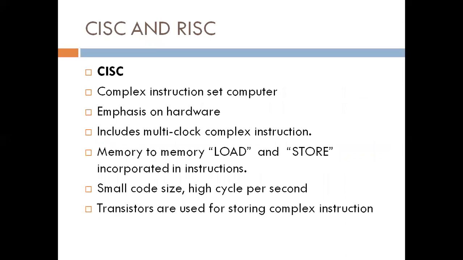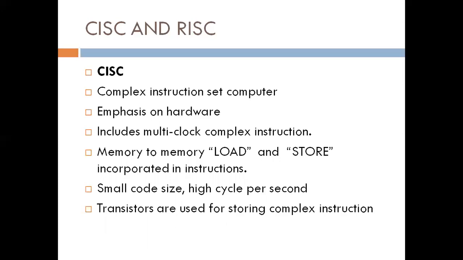Okay. Now the next topic is CISC and RISC. What is the difference between CISC and RISC? CISC stands for complex instruction set computer. It emphasizes hardware. It includes multi-clock, complex instructions.